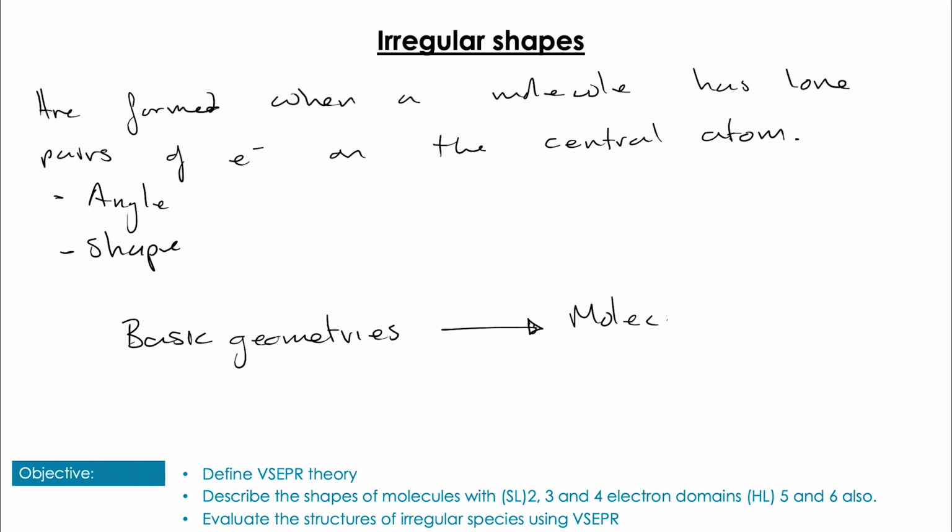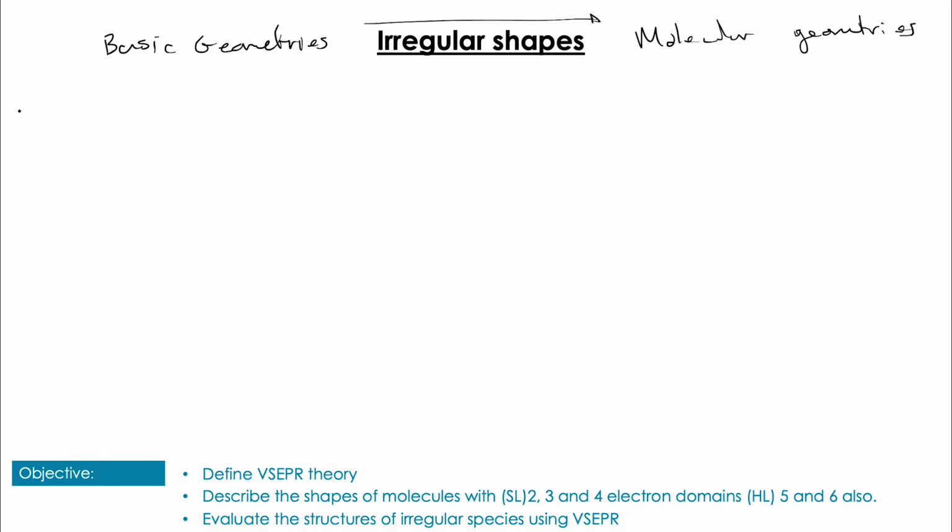So we go from basic geometries to molecular geometries. I'm going to outline what these shapes look like in the case of each number of electron domains. For 2 electron domains, we had a linear shape when we have no lone pairs. And of course, there's no shape if we remove one, as we'll just have 2 points.